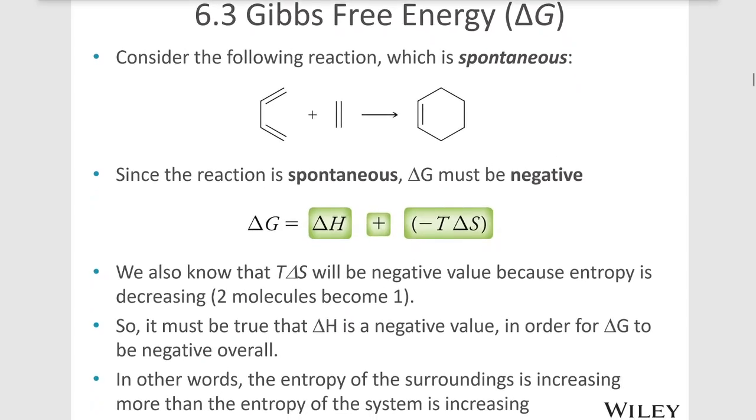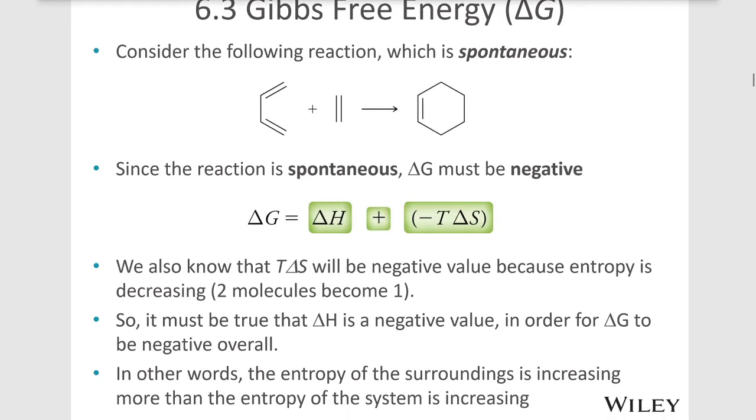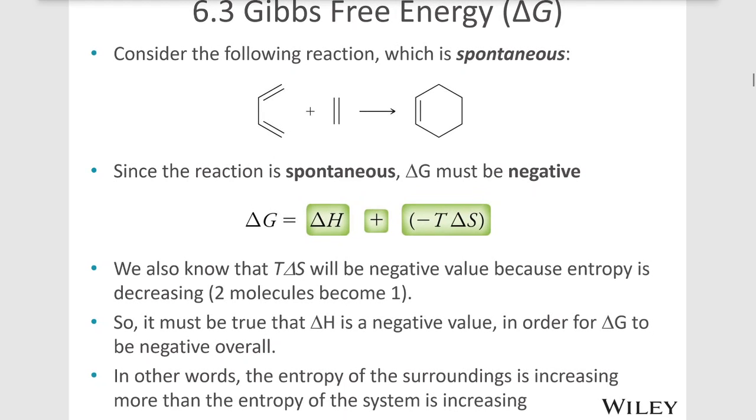Okay, so let's consider the following reaction, which is spontaneous. Okay, we've got 2 moles of starting material going to 1 mole of product. Okay, so our delta S is what? Delta S is going to be negative because we've got 2 moles going to 1 mole.